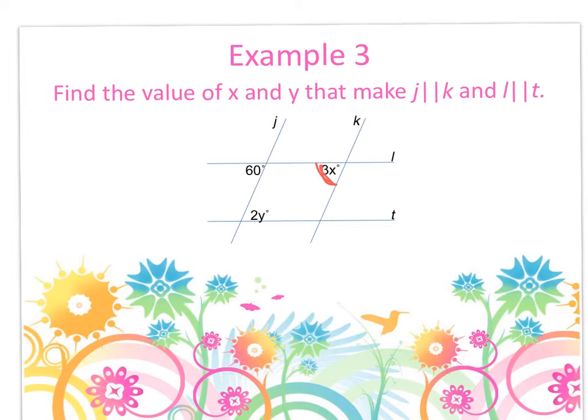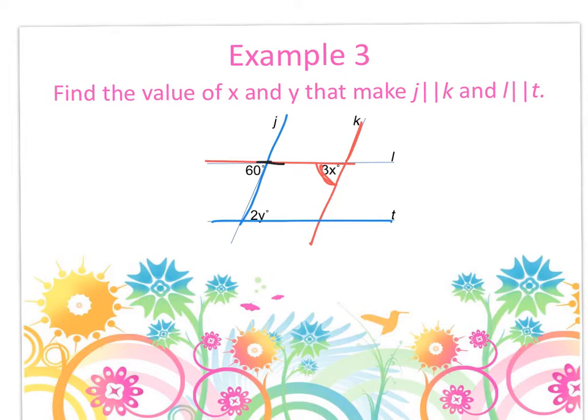Is there a transversal that connects them? There is no transversal that connects 3x and 2y. Do you see that? This one would be here, and this one would be here. None of those lines are shared. Does that make sense? So there's no direct relationship between 3x and 2y.